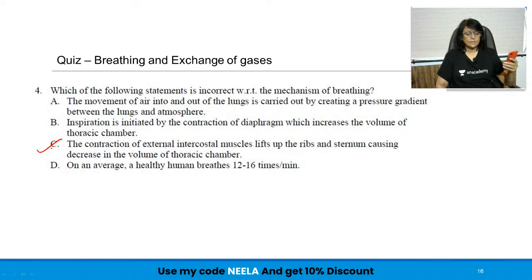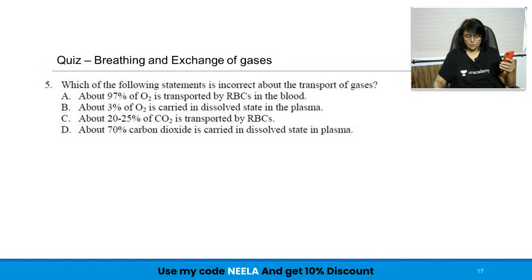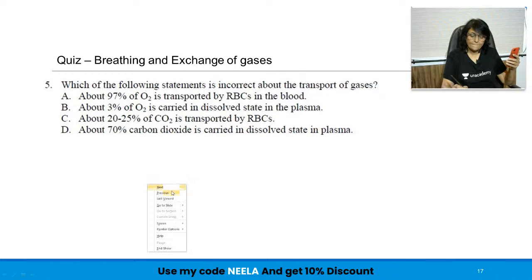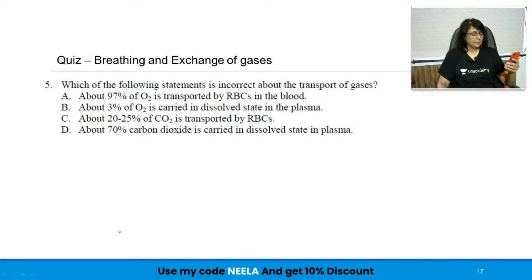Reena has given the answer that volume increases, where here it is written as decreases. Okay? It causes increase in volume. Very good. So far it is going great. Now let us see the fifth question. What is the answer?